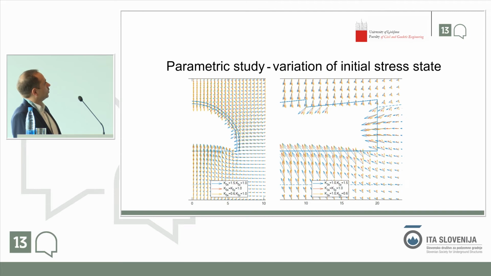To continue with the second comparison, here we can see a comparison in cross-section.